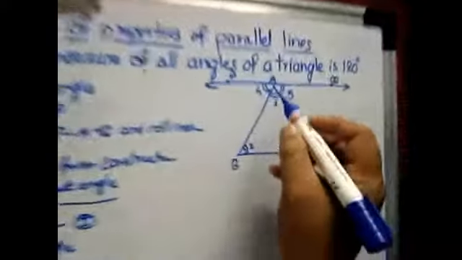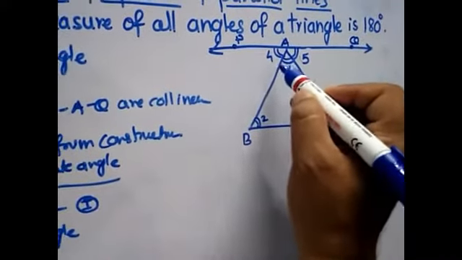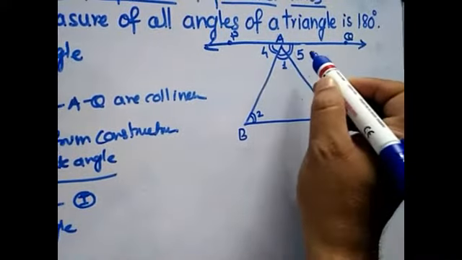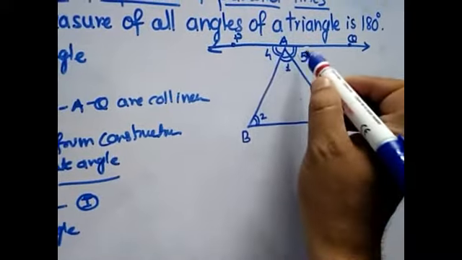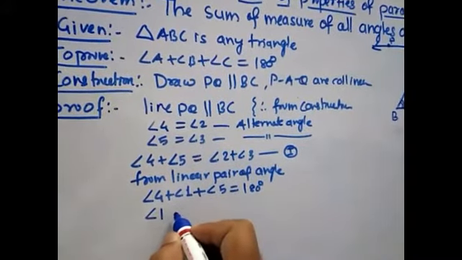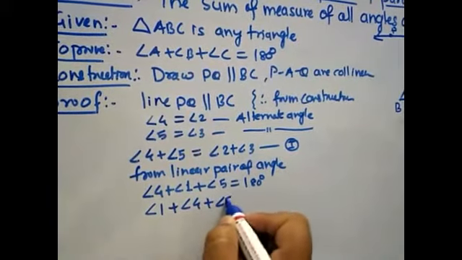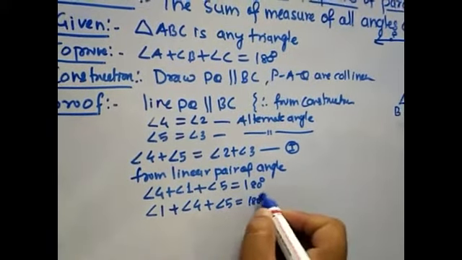So these make a linear pair. Angle 1, angle 4 and angle 5 make 180 degrees. So write down angle 1 plus angle 4 plus angle 5 is equal to 180 degrees.